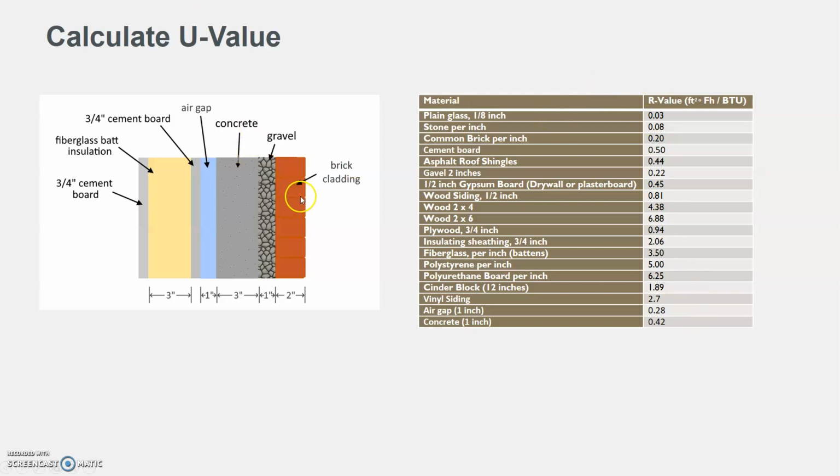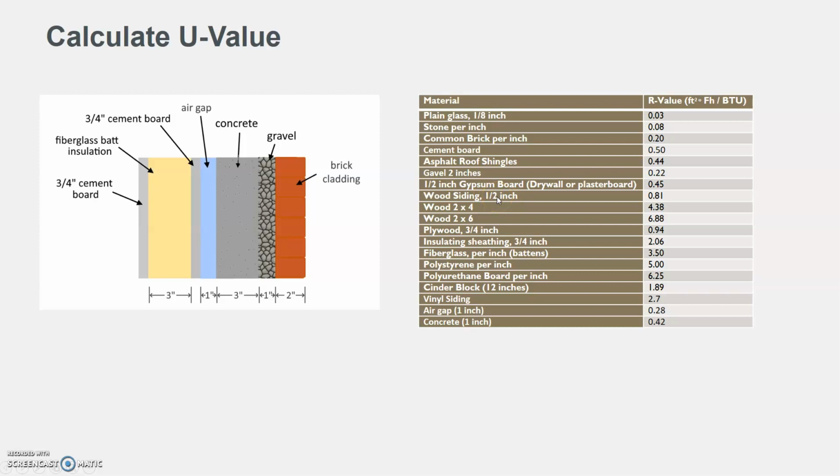So we have a brick-clad wall, gravel, concrete, air gap, air, cement board, fiberglass insulation, and 3/4 inch cement board. So we can look at this. So we have our values. Now remember, some of these values, like let's say this is for a 2x4, 2x6, or wood siding for 1/2 inch.